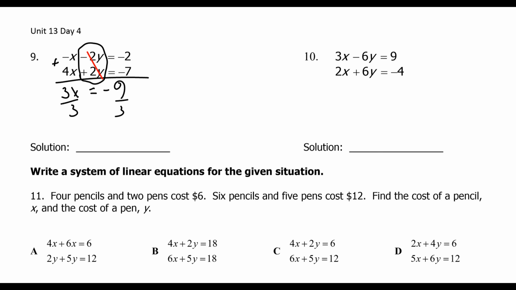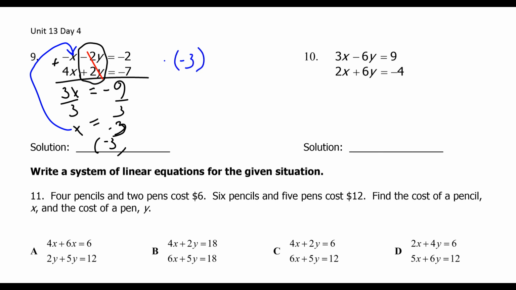Now we're going to take that negative 3 and plug it in for x at the top. So we take that negative 3 and go negative, negative 3 like that, minus 2y equals negative 2.